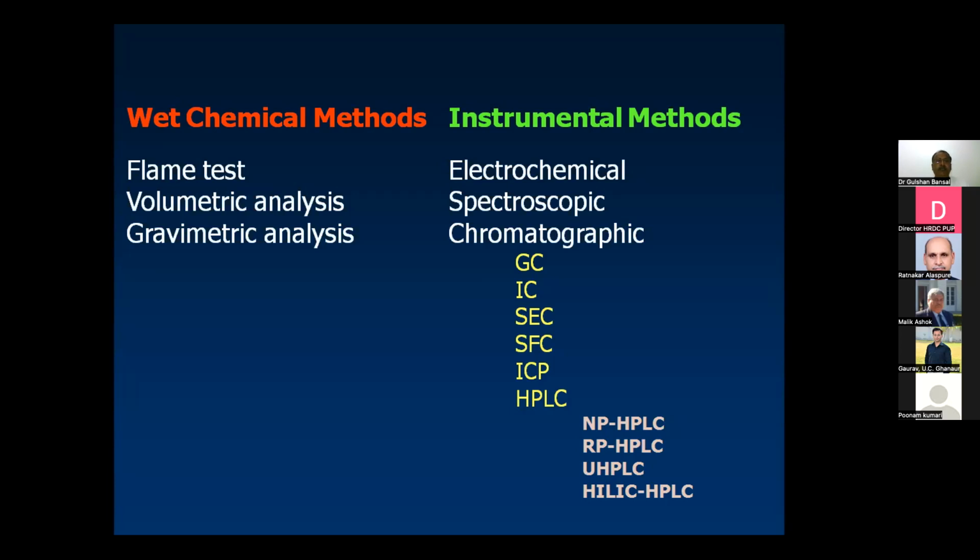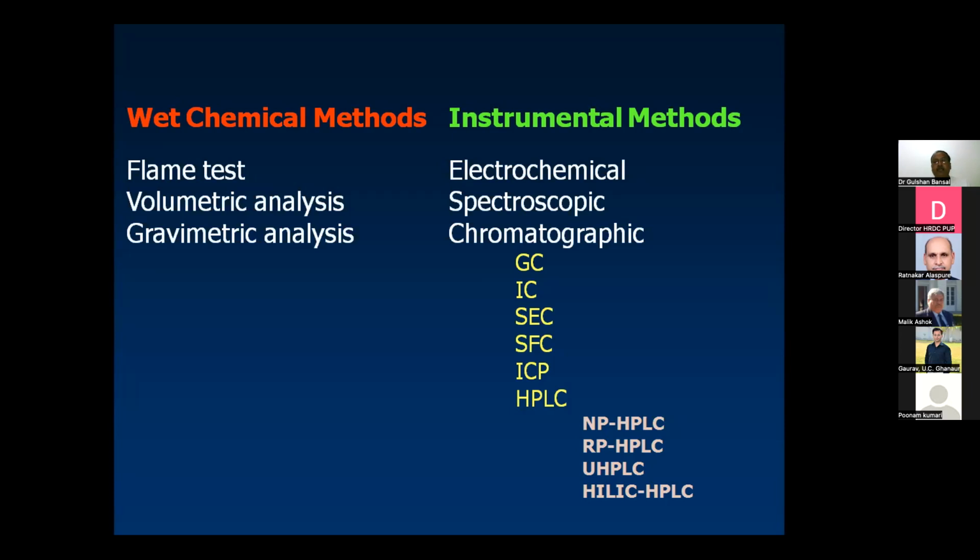Wet chemical methods are the conventional methods which we follow in the laboratories, like flame test, which is very specific for metals like sodium, nickel, cadmium, zinc, manganese. They give a specific color in the flame, which helps us to detect what type of element or metal is present in the sample.